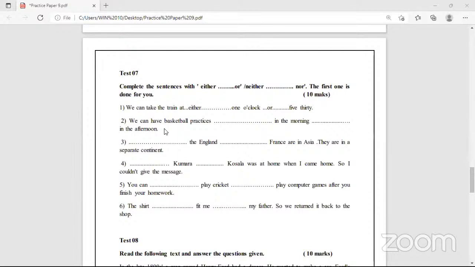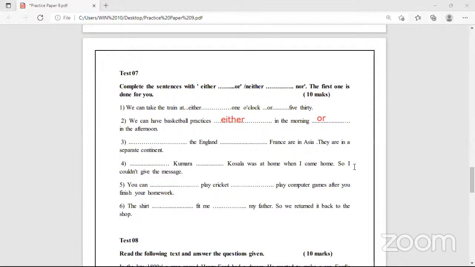Look at the second question there. We can have basketball practices in the morning, in the afternoon. So there's a positive situation. So we can write, we can have basketball practices either in the morning or in the afternoon. අපිට උදේ හරි හවස හරි දවල් හරි basketball practice කරන්න පුළුවන්, right? Go to the third question there.